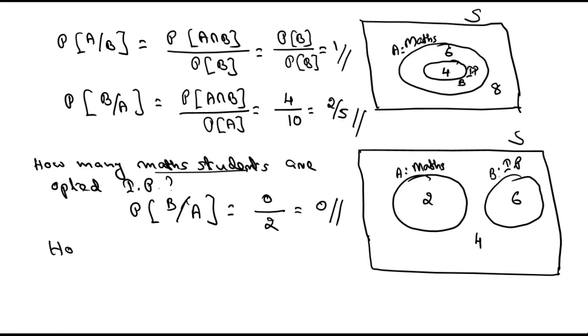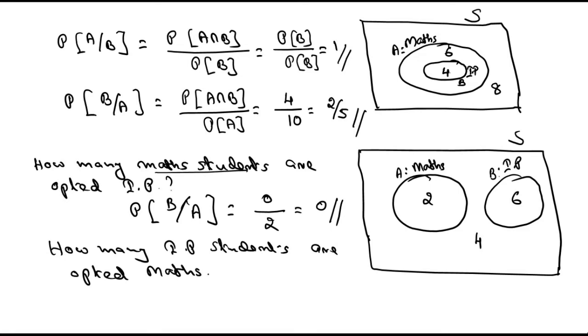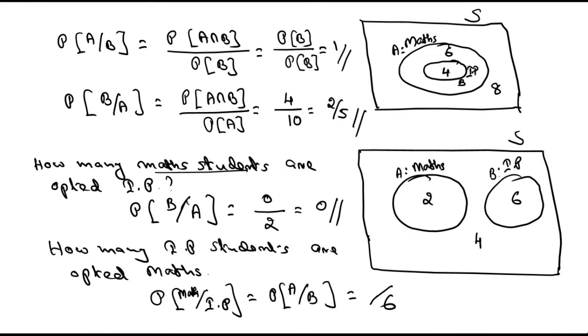Now how many IP students opted maths? IP is given, so this is A given B. There are 6 IP students in total, and no maths students among them, so it's 0.